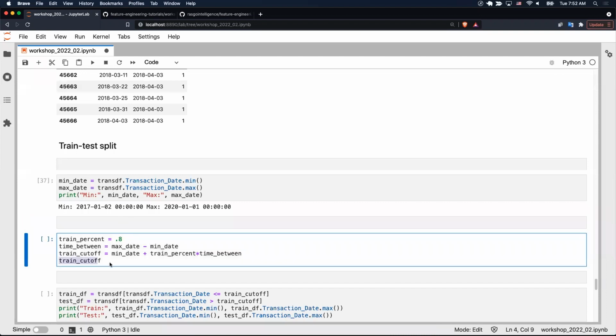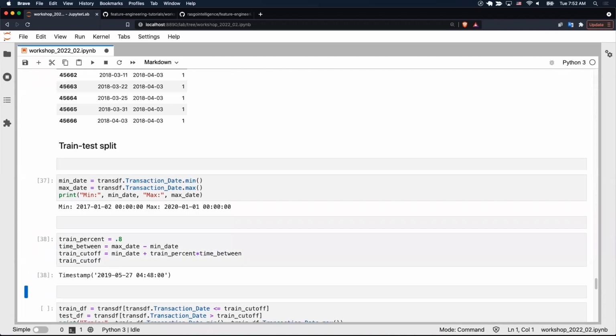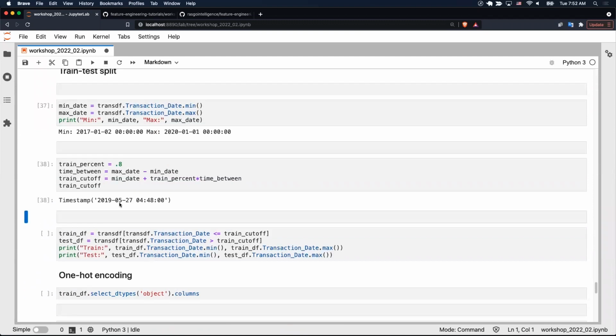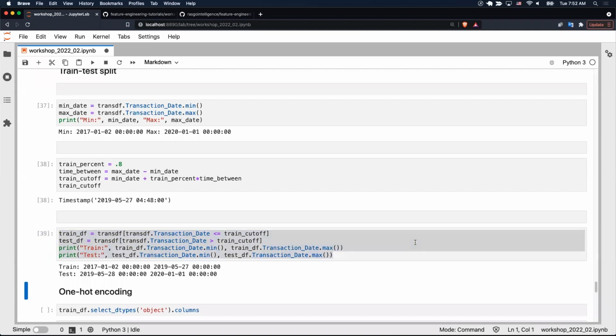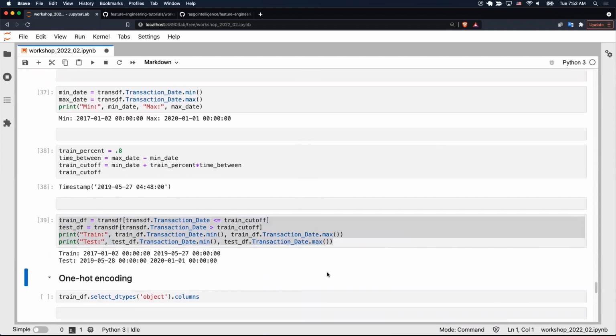So I'm going to calculate my train cutoff date as 80% of the way between the minimum and the maximum. So that happens to occur towards the end of May 2019. And now I'm going to split my data based on that date. So we can see what it runs from and to. Okay.